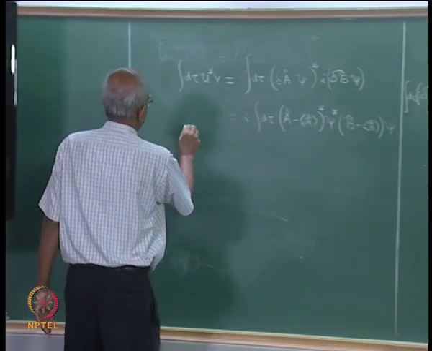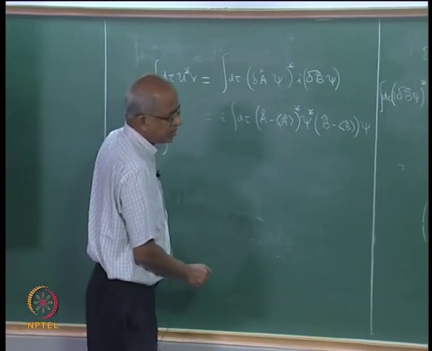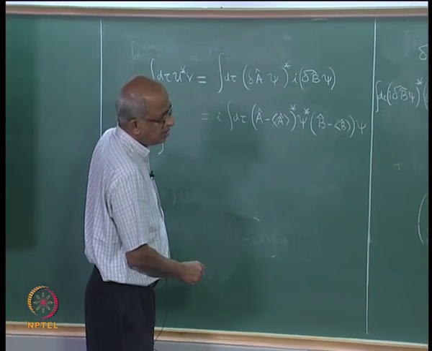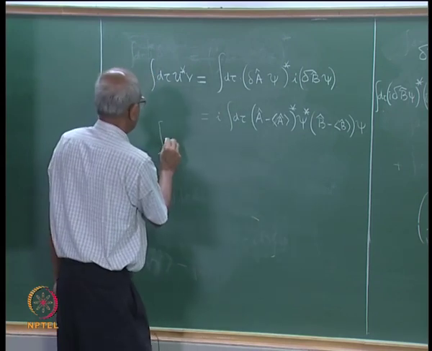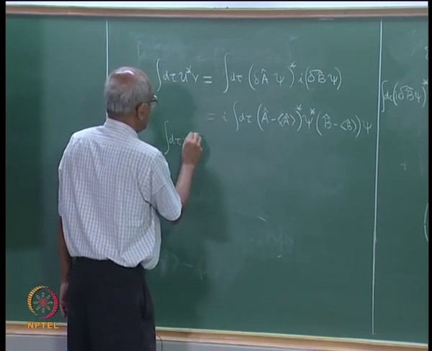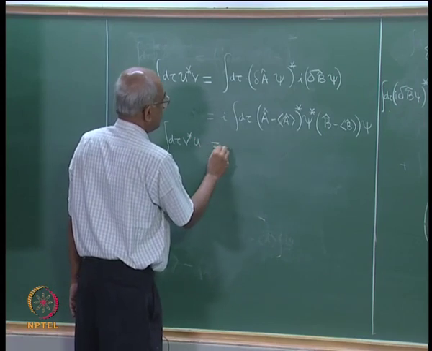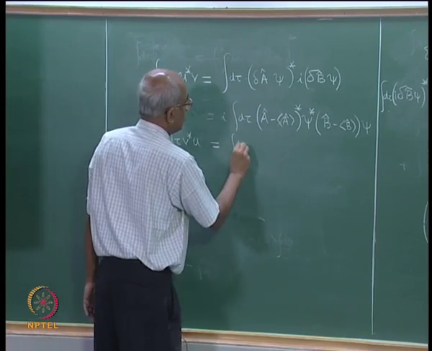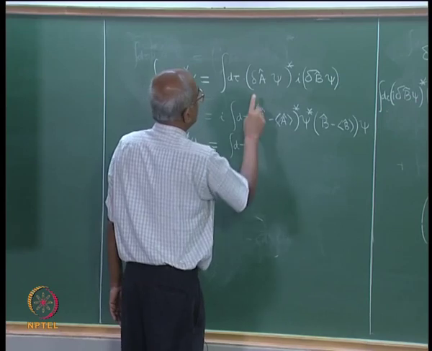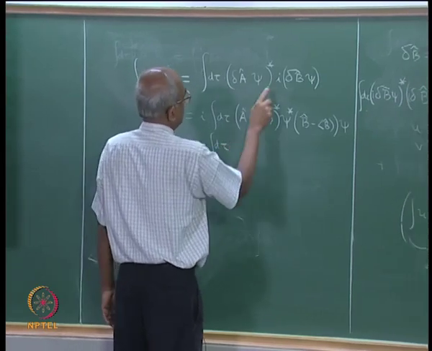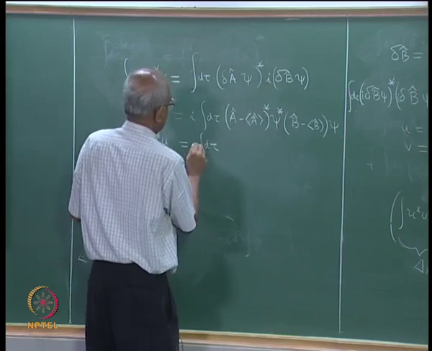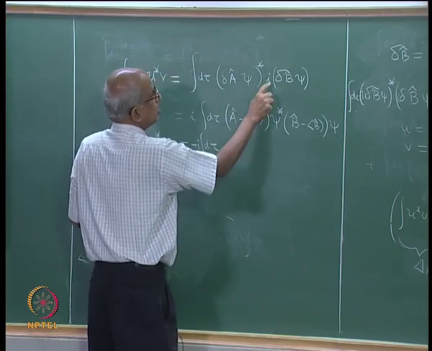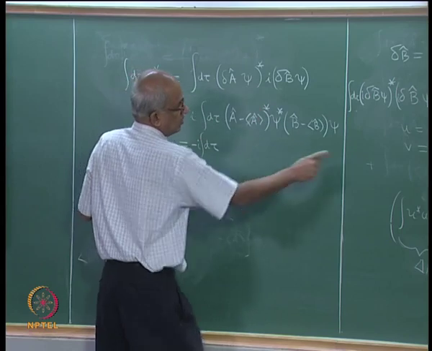And what is the other integral? V star u, right? So you are going to get the integral d2 v star u, and that will be equal to the integral d2, v star will give me a negative sign, there will be a minus i, because this is v.